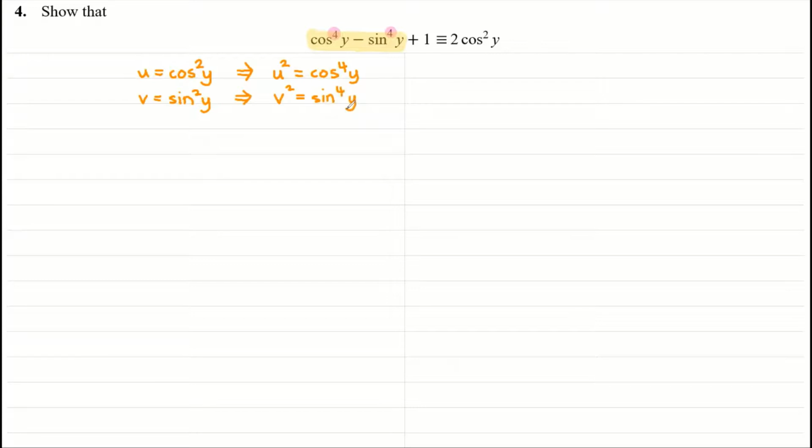So the squaring obviously creates the power 4s. But that means that the non-squared terms, if you square root them, will be cos squared and sine squared, not power 4.